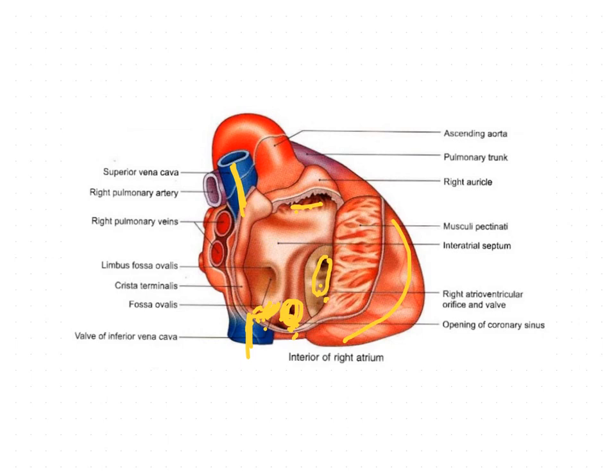So this is the opening of the coronary sinus. After that, the next openings are the venae cordis minimae. These are numerous small veins present in the walls of all four chambers.